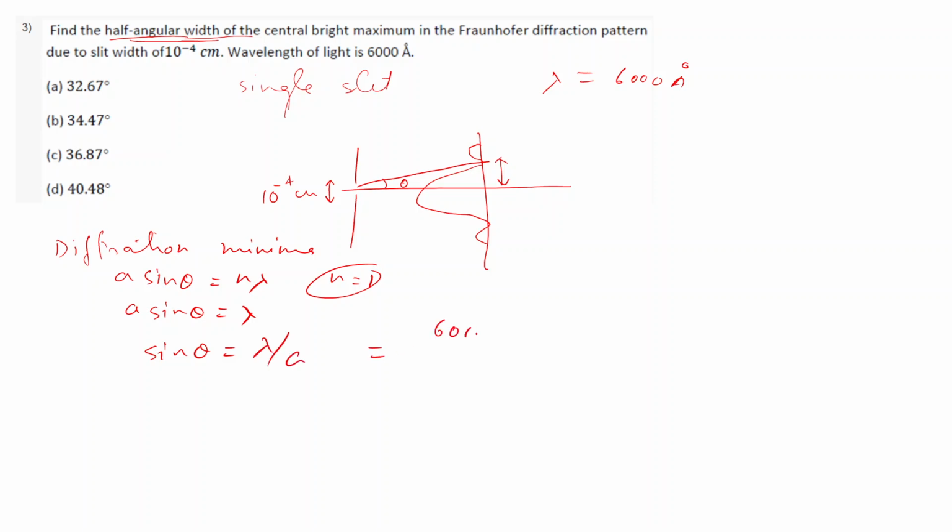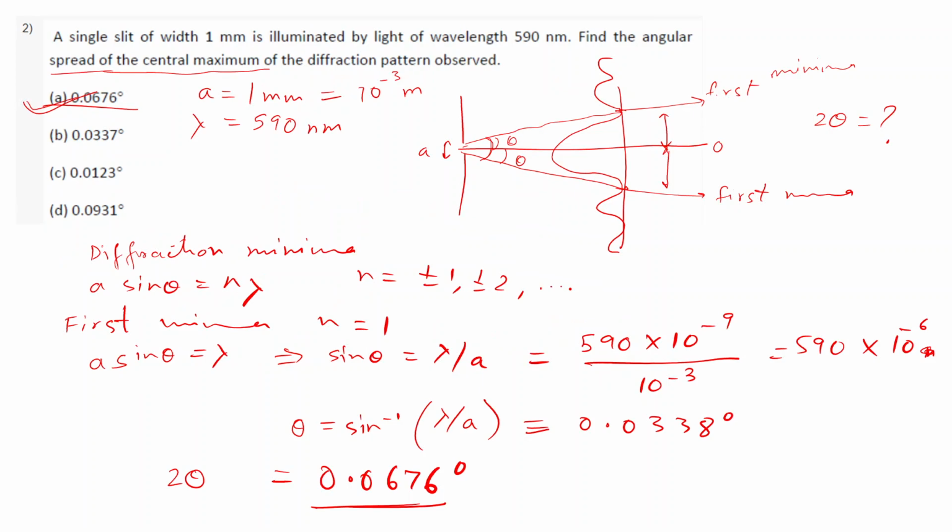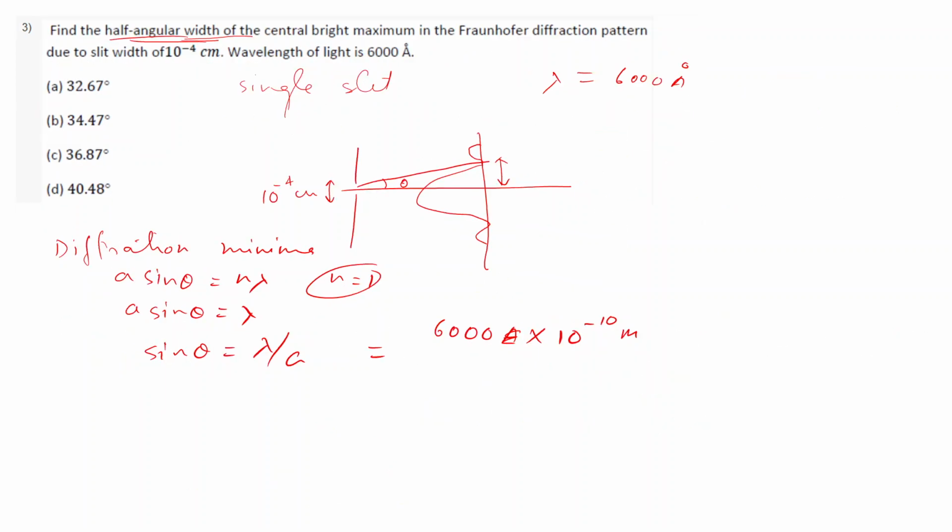Lambda is 6000 angstrom, which will be 10 to the power minus 10 meters. And a is 10 to the power minus 4 centimeters; 1 centimeter in meters is 10 to the power minus 2 meters. So here it will be 10 to the power minus 2 meters.